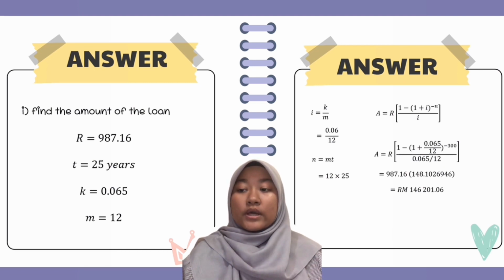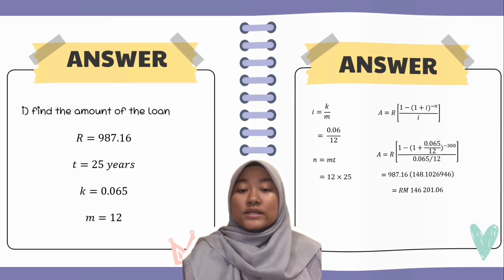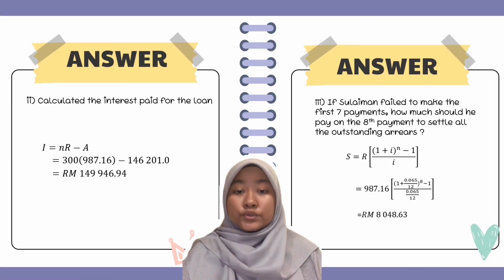Then we got 987.16 in bracket 148.1026946 in bracket, and we got the answer is RM 146,201.06. For question 2, calculate the interest paid for the loan.